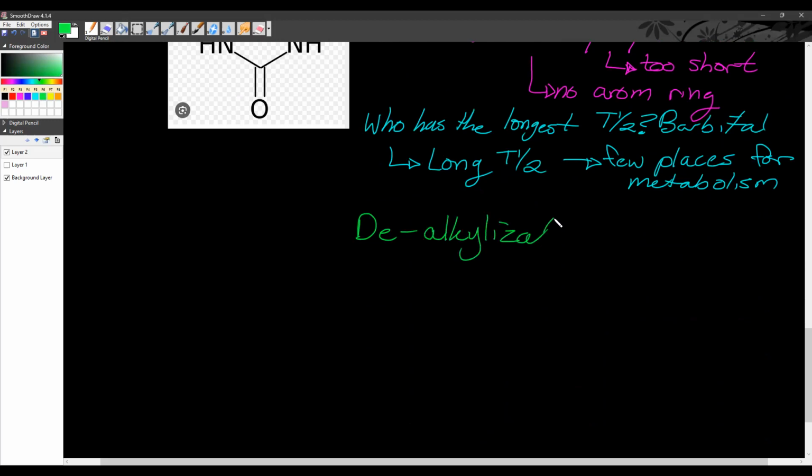Dealkylation. An alkyl group is just a carbon chain. That's all it is.